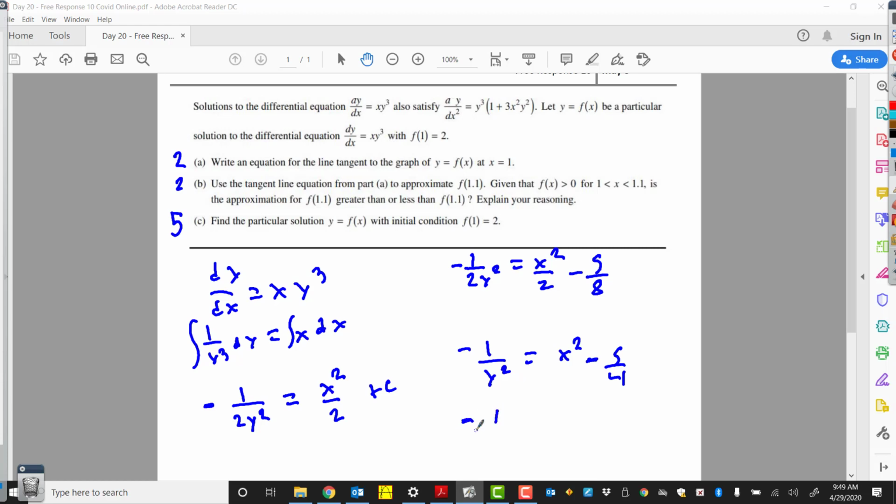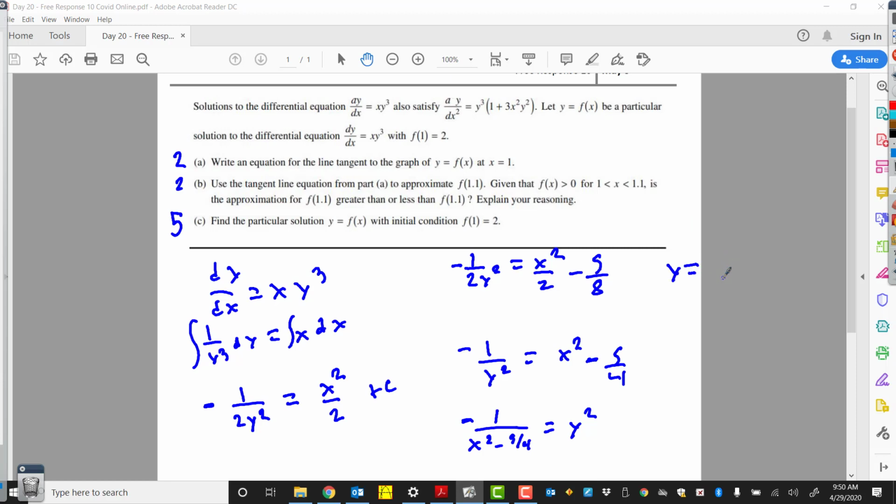So we have negative 1 over x squared minus 5 over 4 equals y squared. And now we're going to take the square root.